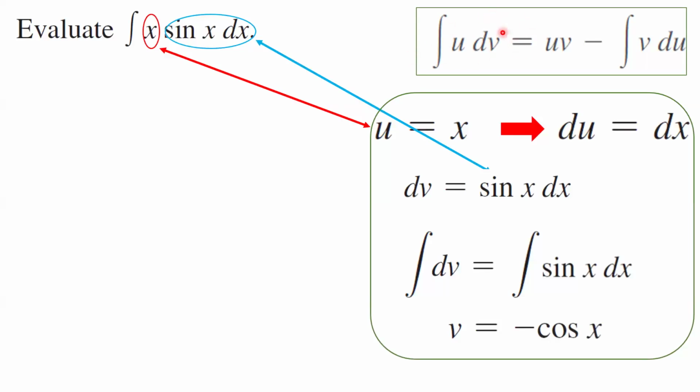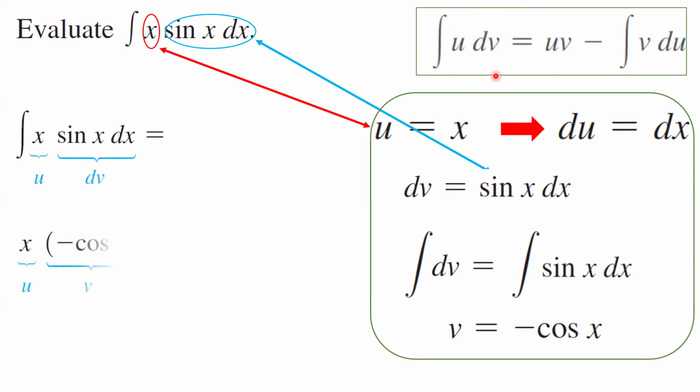So in applying the integration by parts method, the integral of x sine x dx, which is u dv, can be written as uv, which is x times negative cosine x, minus the integral of v du. V is negative cosine x, and du is dx.